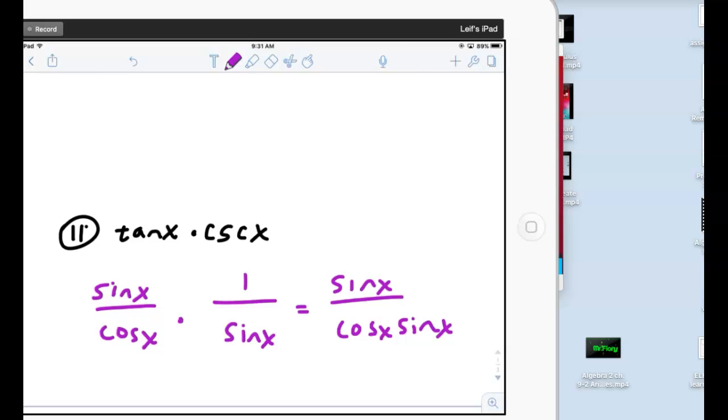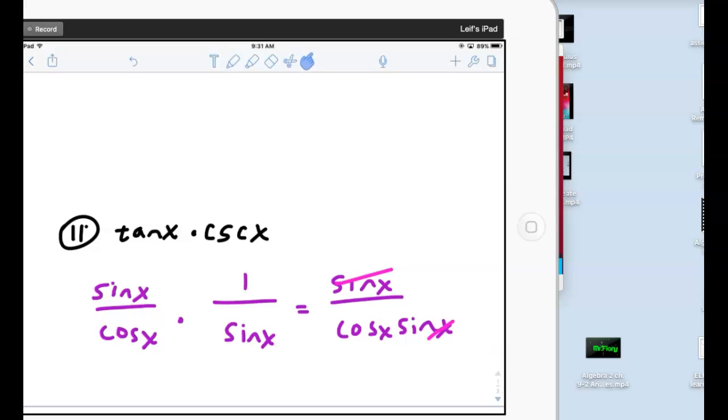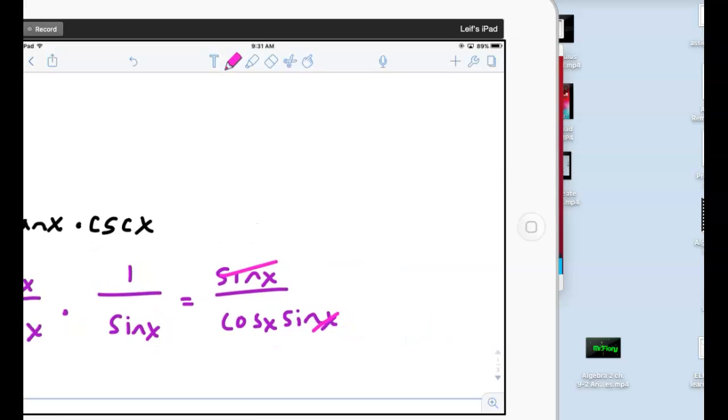And my sine of x's cancel, which leaves me with 1 over cosine of x, which should be simplified. Remember, cosine and secant are the inverses, so that's the same as the secant of x. Okay, and that's the answer.